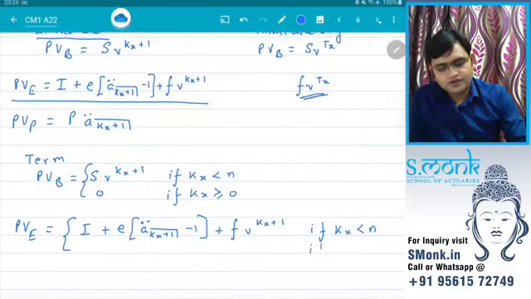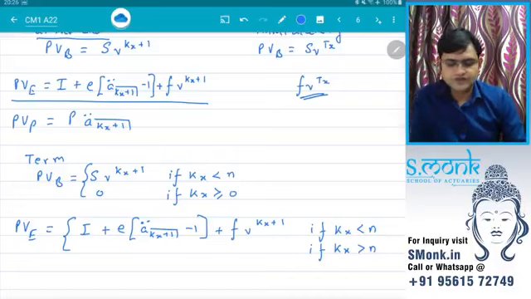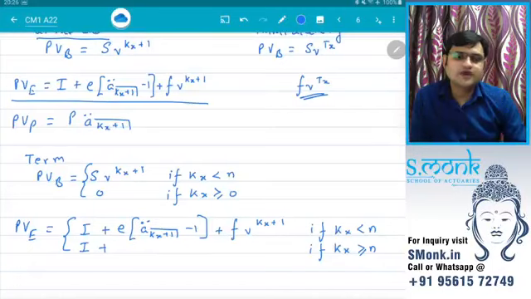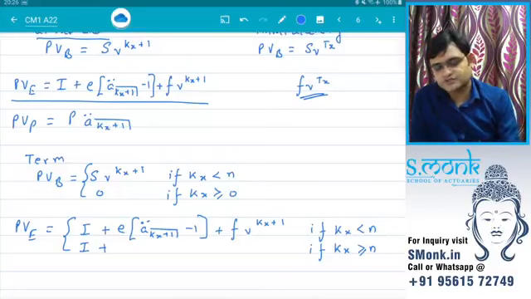If kx was greater than n, that means the death occurred later than n years. Initial expenses are as it is, but in renewal expenses, all the renewal expenses of n years have already been paid.